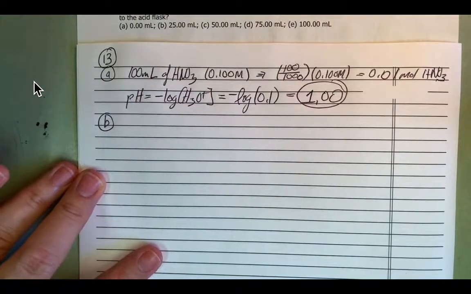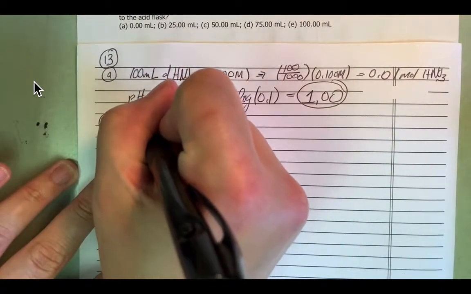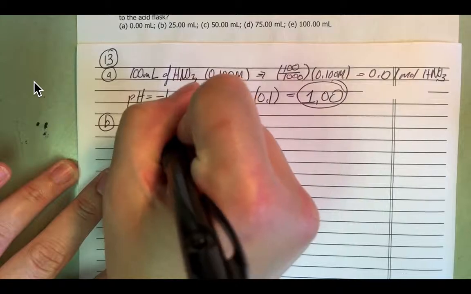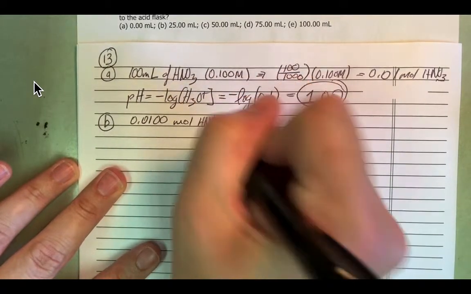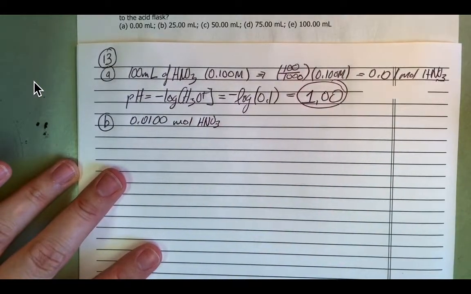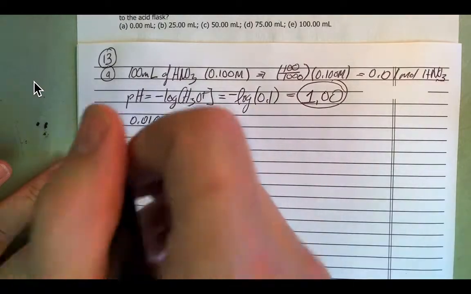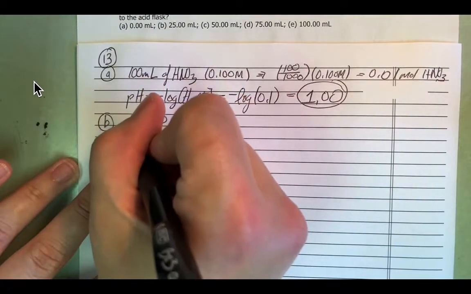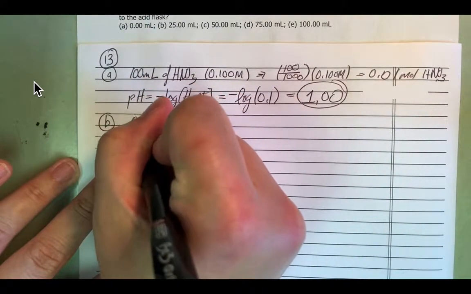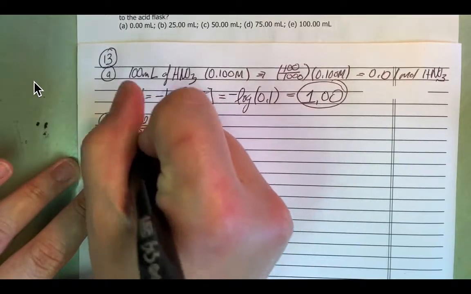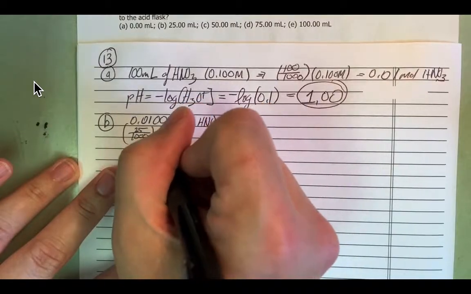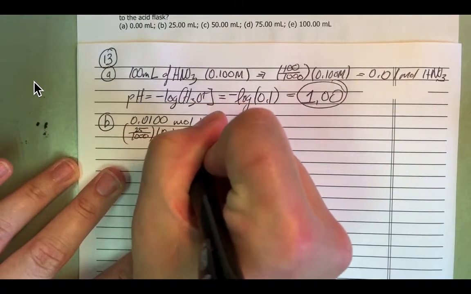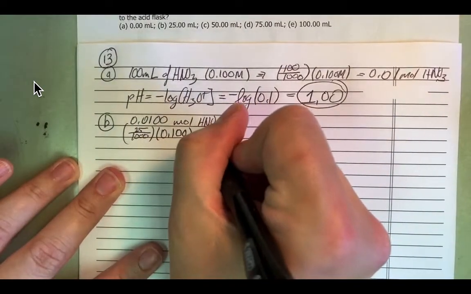B, okay, so 0.0100 moles of nitric acid is what the flask started out with, and we've added in some base. So 25 out of 1,000, again just converting the milliliters to liters. And that base also has a concentration of 0.1.